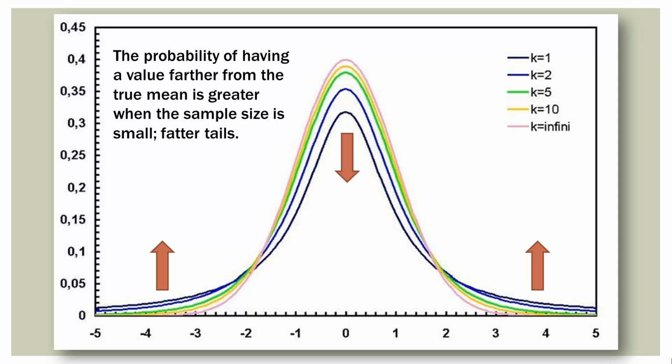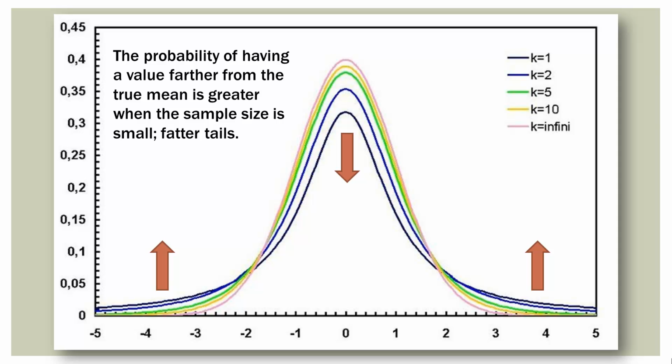So when our sample size is very small, we have a greater chance of having values that are further away from the true mean. We are less certain. To get that into your mind, it's about certainty.